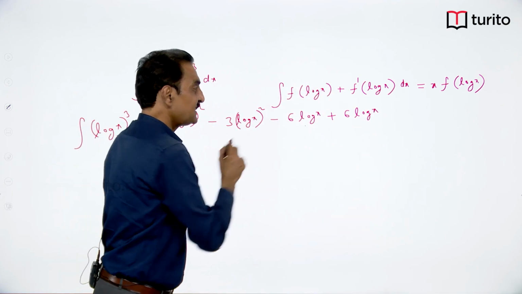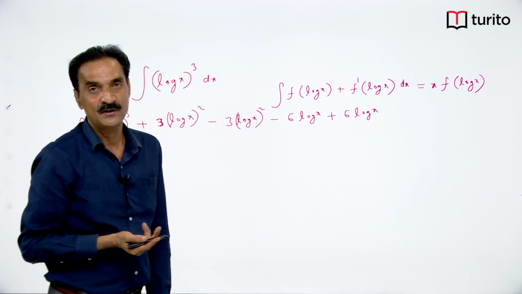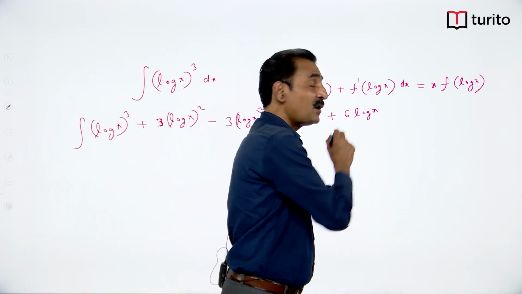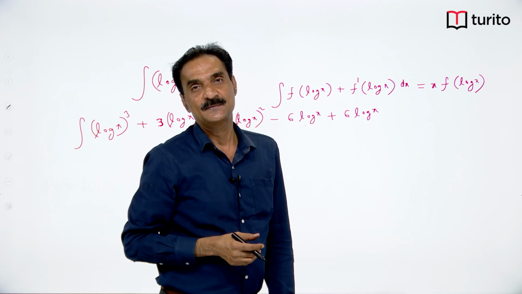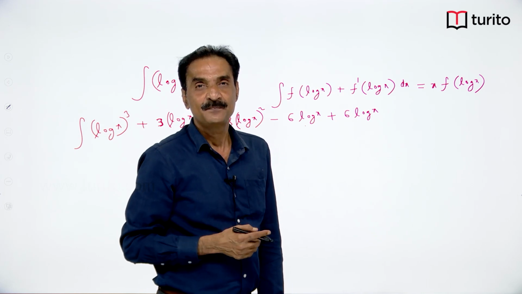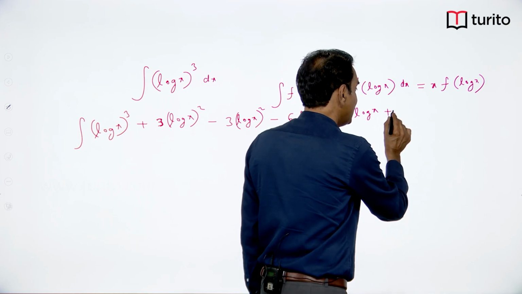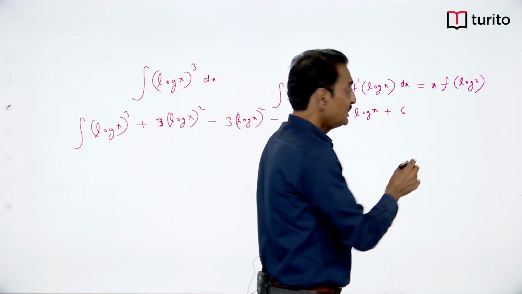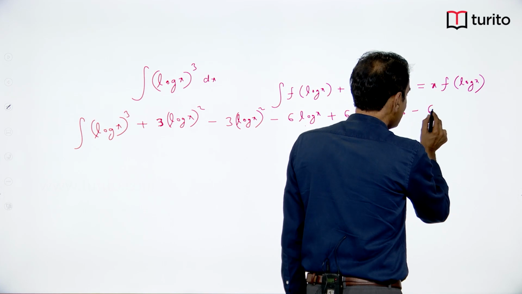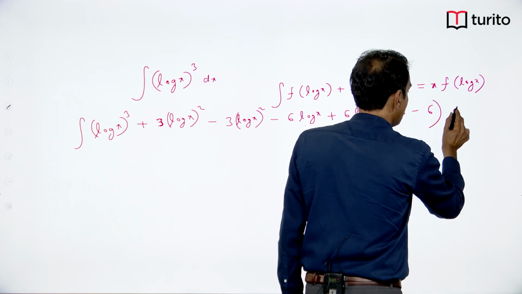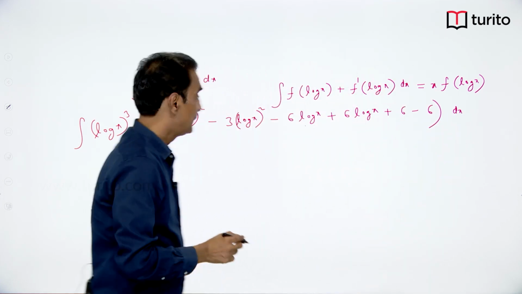Now, this plus this is f of log x plus f dash log x. Now, take 6 log x as f of log x, then what is f dash log x? Its derivative with respect to log x is 6 only. So, write plus 6, add 6 and subtract 6, that is all, dx.